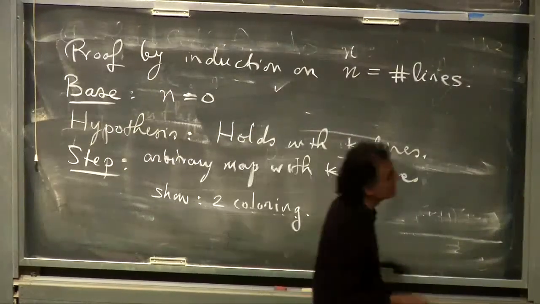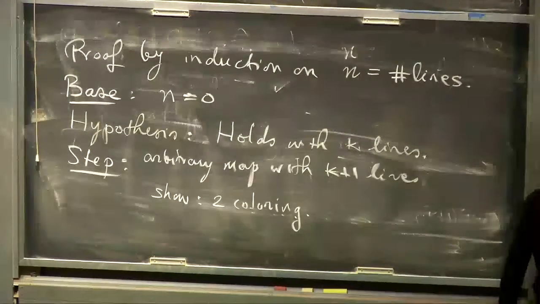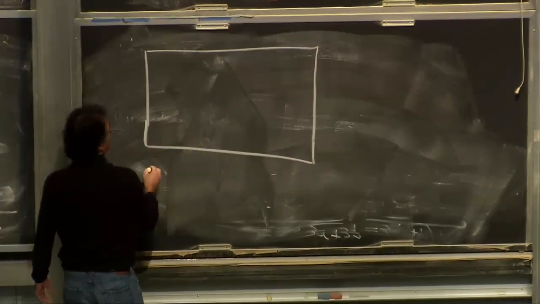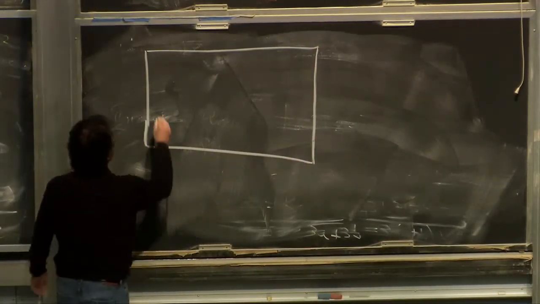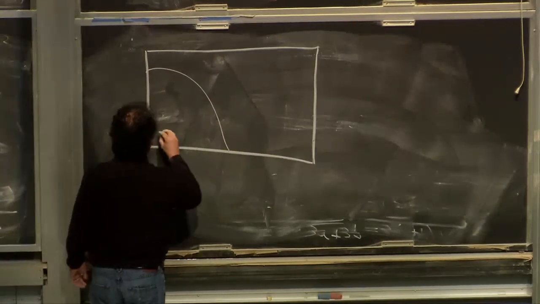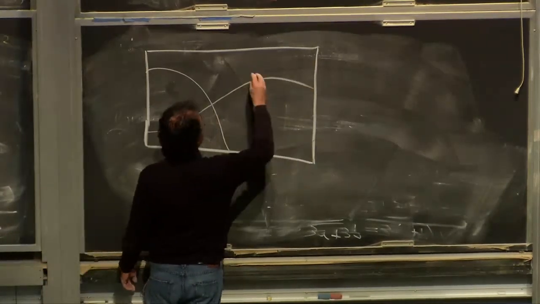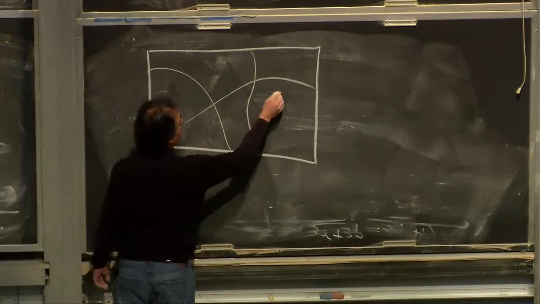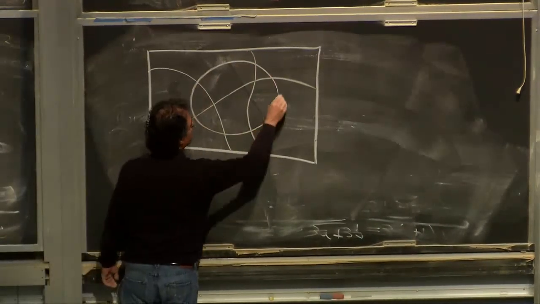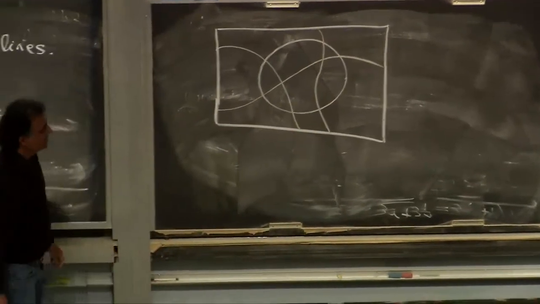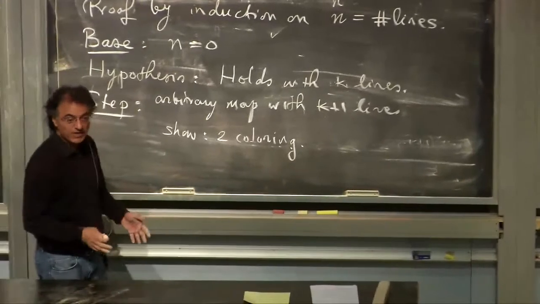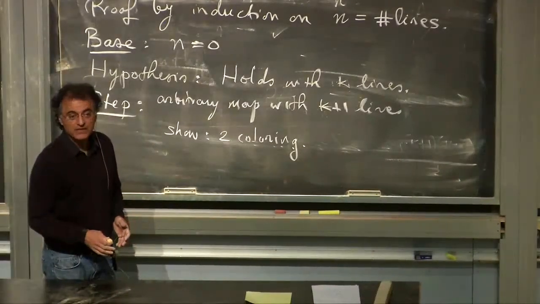Well, here's a map. Let's say with k equal to 3, so we have 4 lines. And now what do we do?